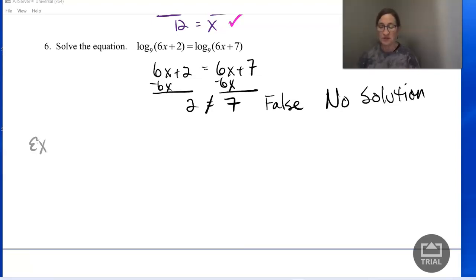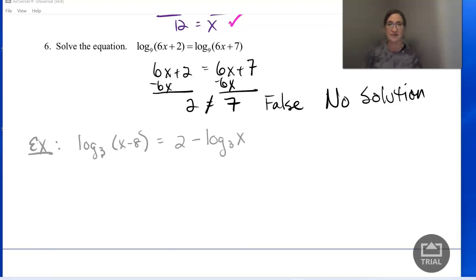So it's another example, and it's log base 3 of (x minus 8) equals 2 minus log base 3 of x. For this one, it might seem like we should be able to have equivalency because I have a log on both sides, but I can't. I can't have equivalency because of this 2. In order to use equivalency, I can only have log.